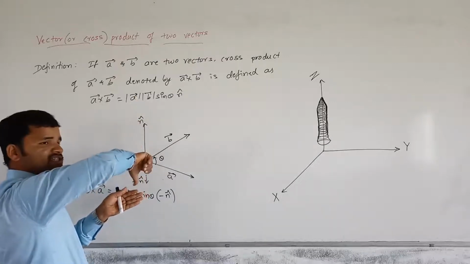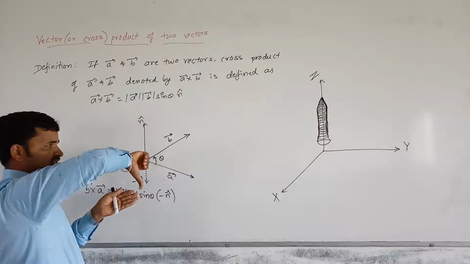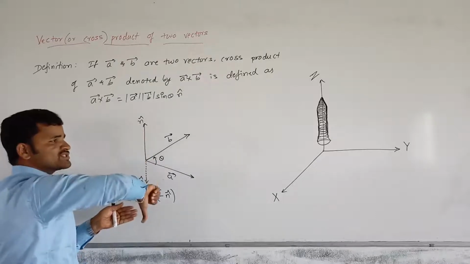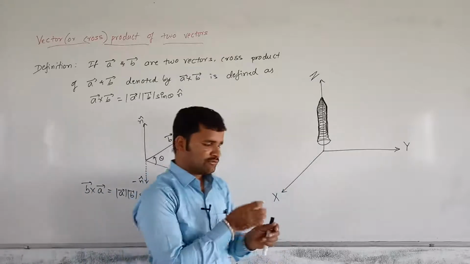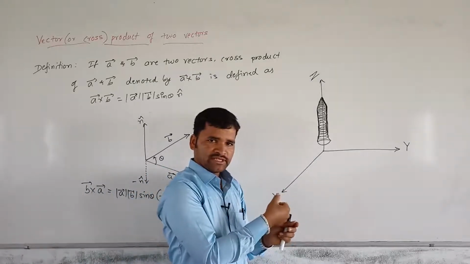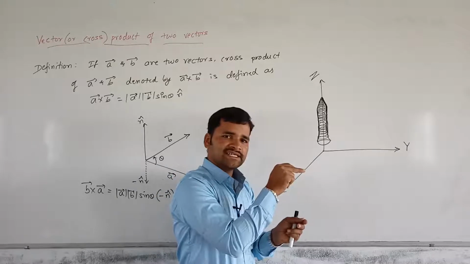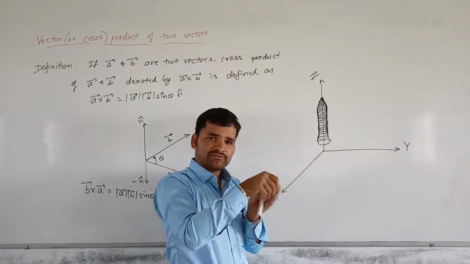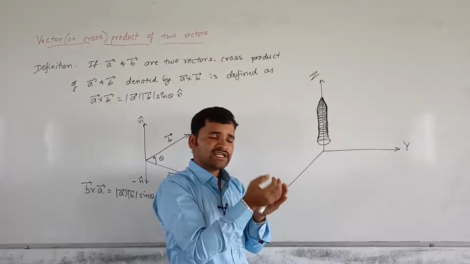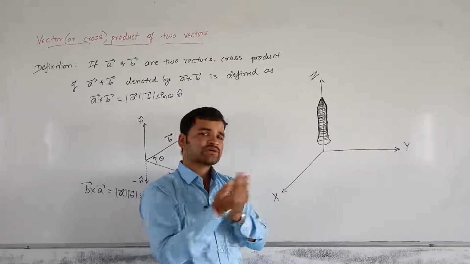Suppose we take the opposite direction. If we take B cross A, it moves in the opposite direction. As we know, if you are tightening the screw, it will be moving inside the wall. If you rotate it in the opposite direction, it comes back out of the wall.